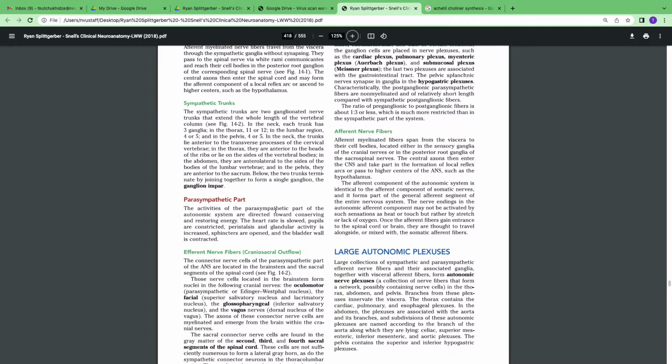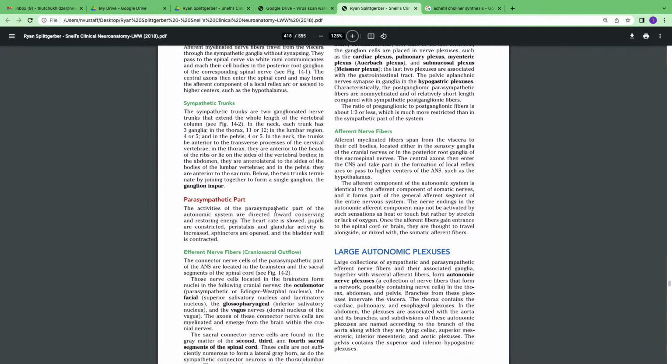In that case, we have the heart rate slowed and the pupils constricted, while in the sympathetic system you have dilated pupils. Peristalsis and glandular activity are increased, sphincters are opened, and you have more time for yourself to relax after the sympathetic system.